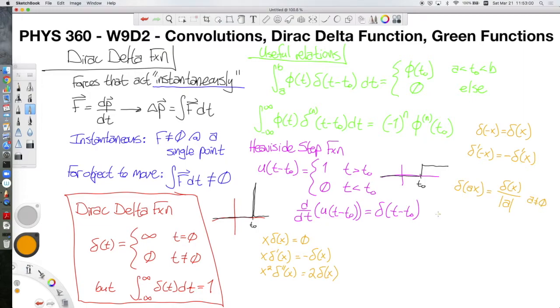If you have a delta function of x minus a times x minus b, that is the two delta functions added together, delta of x minus a plus delta of x minus b, all over the absolute value of a minus b, where a can't equal b.